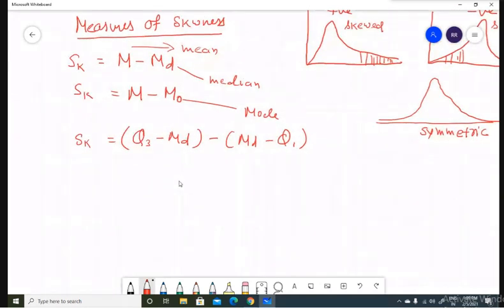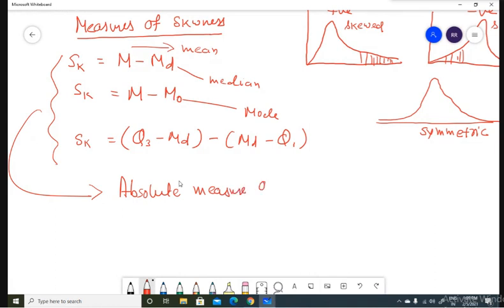And these three are absolute measures of skewness. Okay.